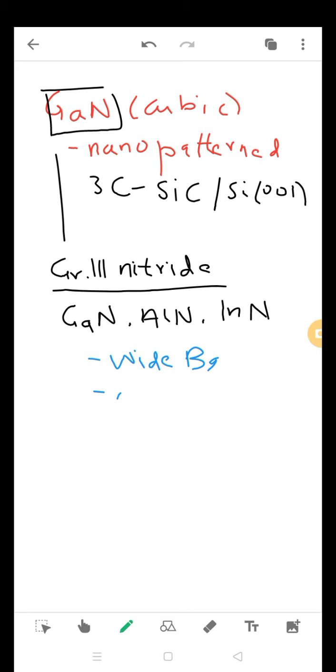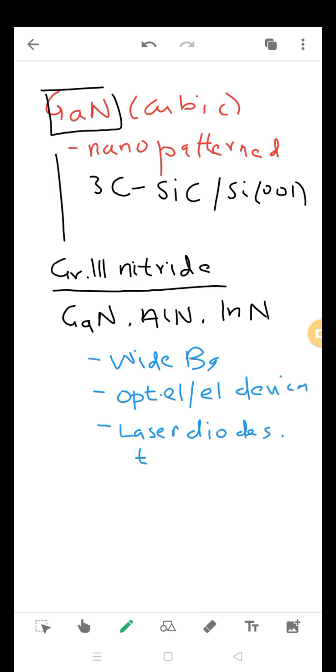They can be used in optoelectronic and electronic devices, and they can also be used in laser diodes and transistors.